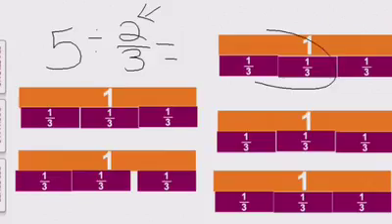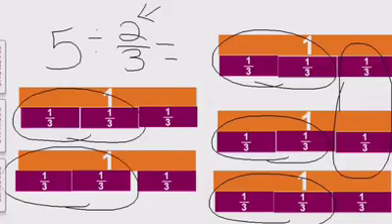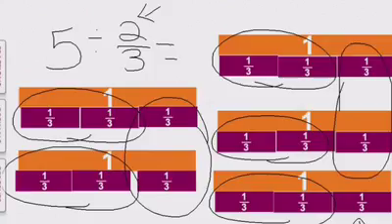Okay, so group of 2, group of 2, group of 2, group of 2, group of 2, group of 2, another group of 2. Notice how we do have that 1/3 by itself. We'll talk about that in a moment.